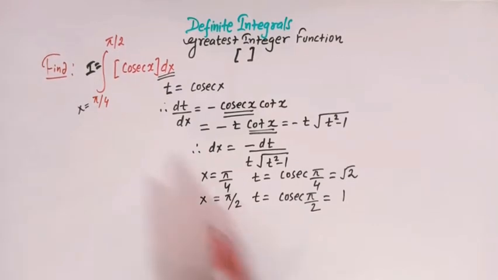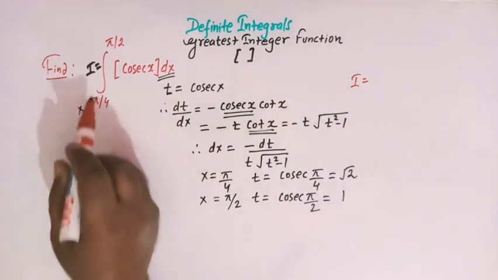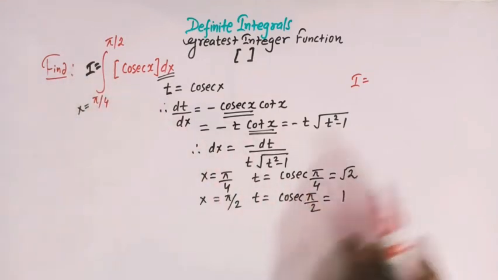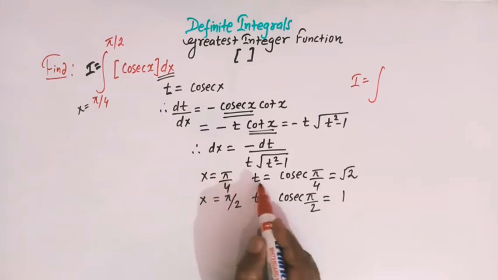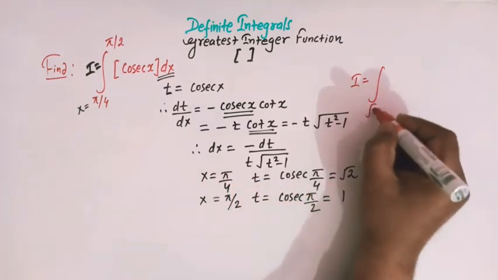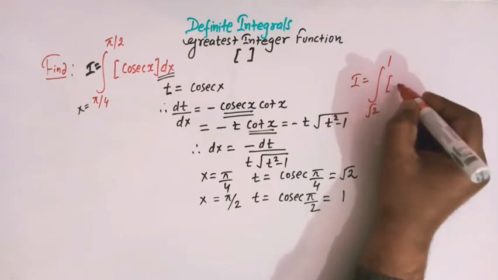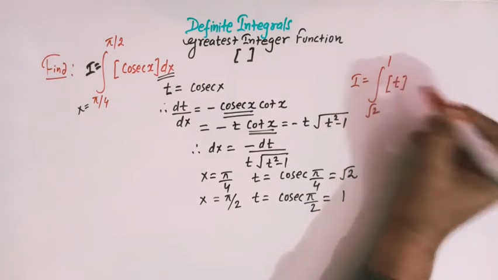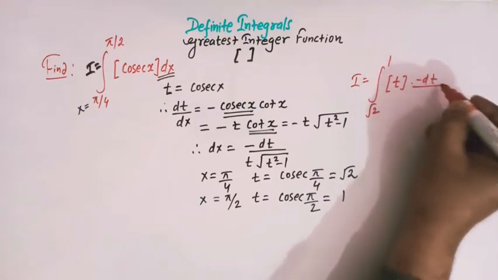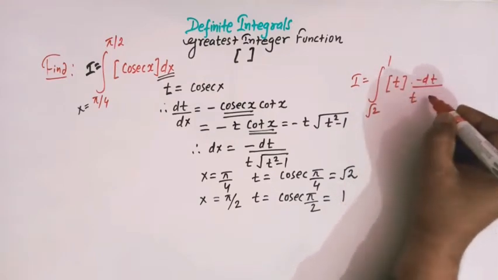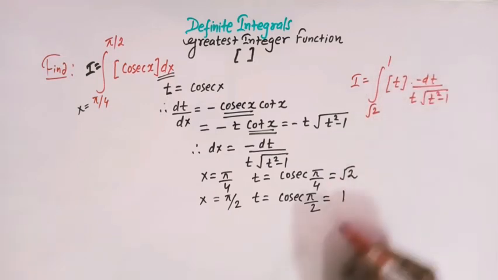Now this integral I can be written in terms of t, from square root of 2 to 1, of greatest integer t, and for dx we have minus dt over t times square root of t square minus 1.